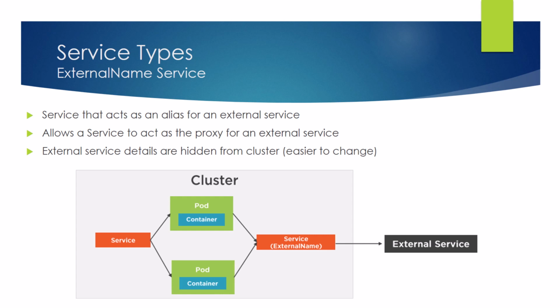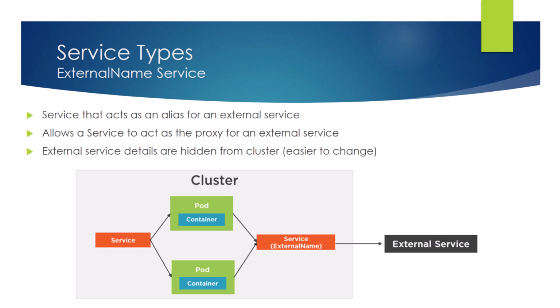Now of course that acts as really just a proxy to some external service out there. As I mentioned, if that external service changes, we just update the external name service, and we don't have to impact all the pods and internals that are calling that service. So that's a look at the main types of services from Kubernetes.